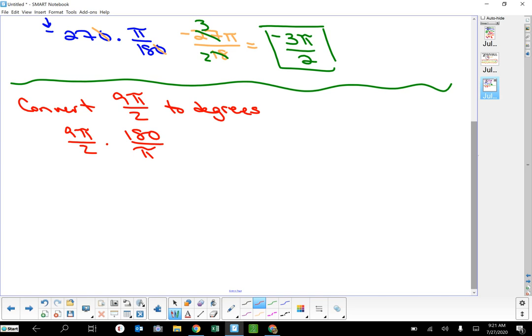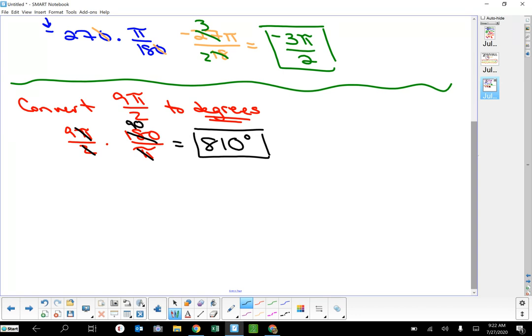Now when you do this, because you're going to degrees, your pi's should cancel out if you're doing this the right way, and they do. And then, again, I like to cross cancel. Well, 2 will go into 180 90 times. 9 times 9 is 81, so this is 810 degrees.